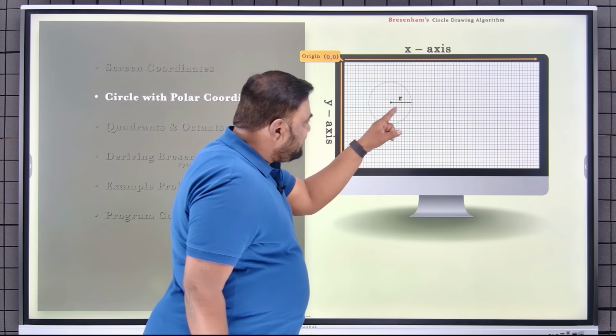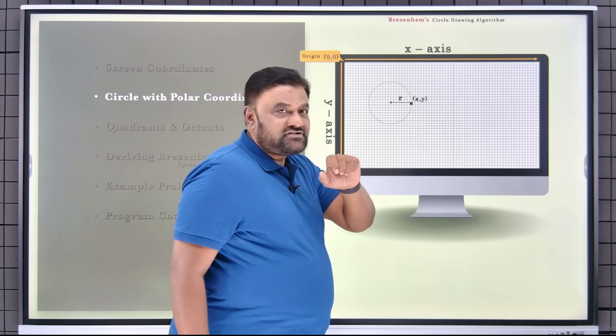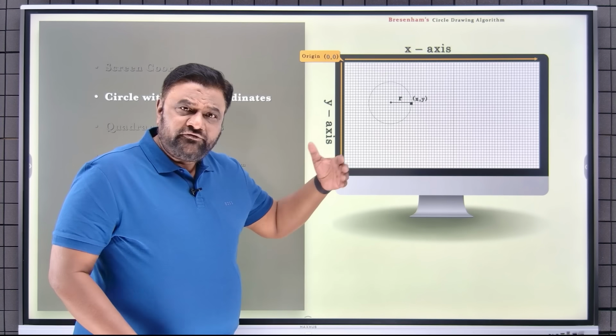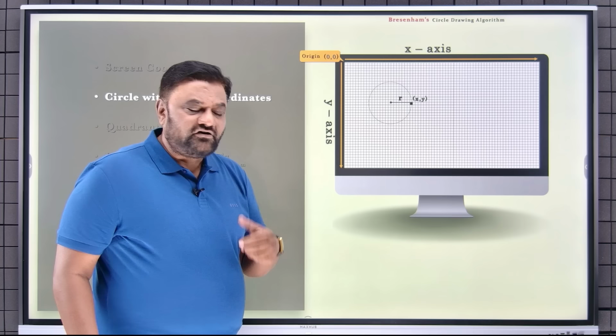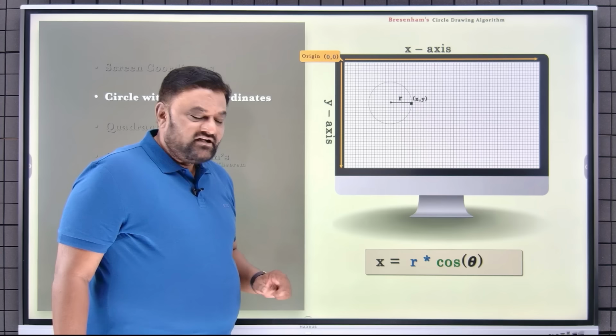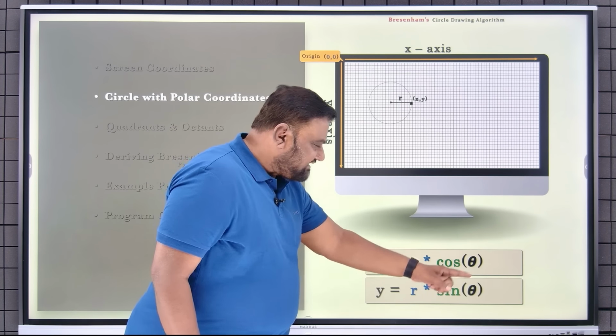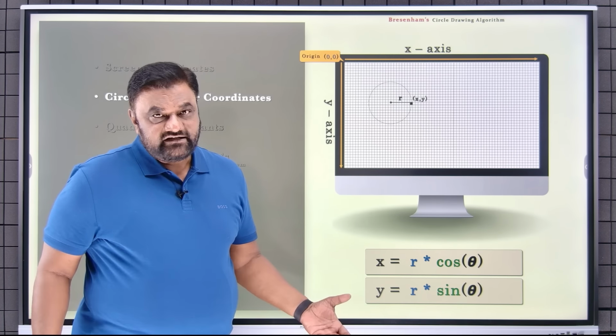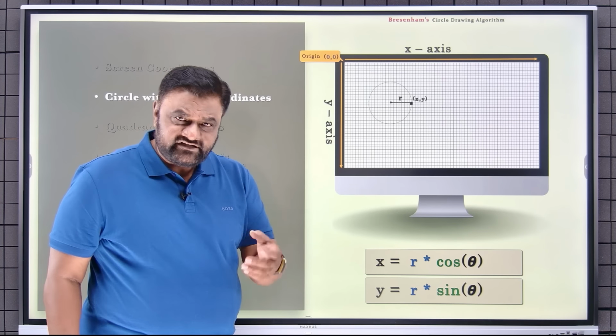To get any pixel on the circumference of the circle, let us say x, y, we need to know what is x and what is y. For that, we can get it using polar coordinates like this. X is equals to r cos theta and y is equals to r sin theta. By using cos theta and sin theta, you can get any point on the circumference of the circle.